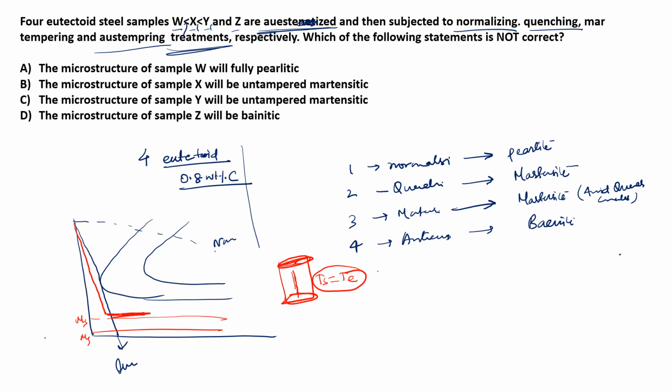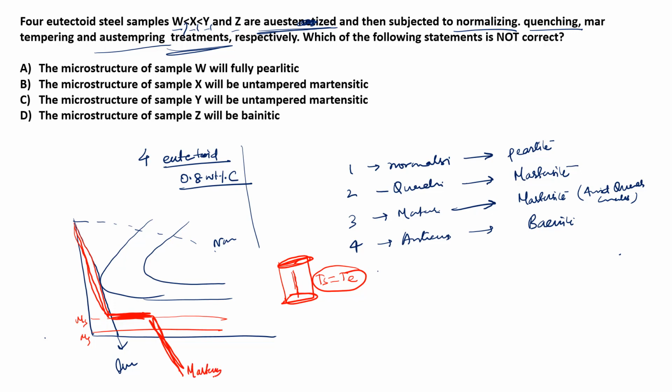So we give the chance for equilibration, because the temperature decrease will be faster at the surface than in the bulk, right? So that we allow the chance to equilibrate, then we do this cooling. Okay, in the case of this Mar tempering.